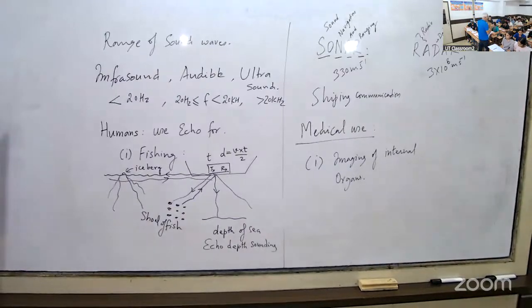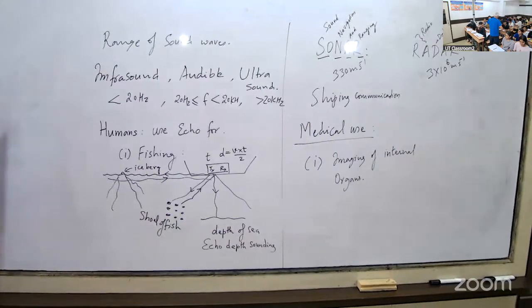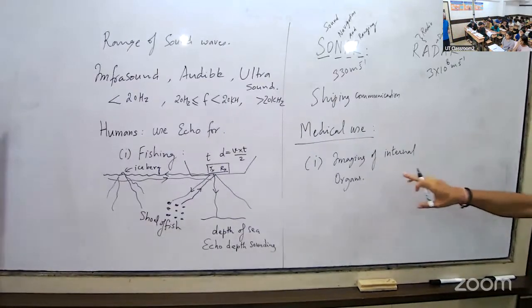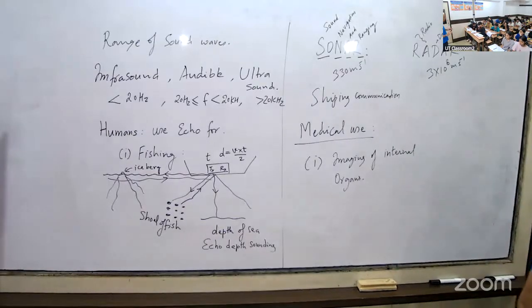We can use ultrasound waves, meaning reflected ultrasound waves. The waves reflected by our internal organs can be fed to a computer, processed, and an image can be generated. So that image can be used for producing images of internal organs without actually doing any surgery, right?